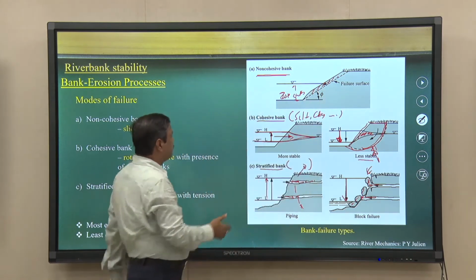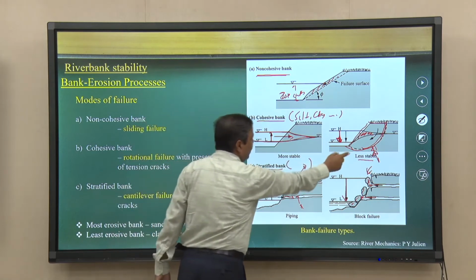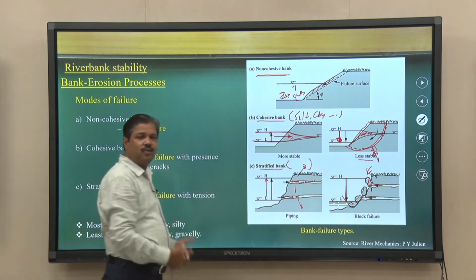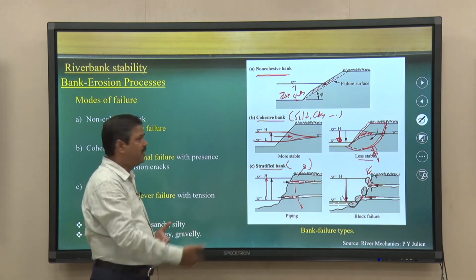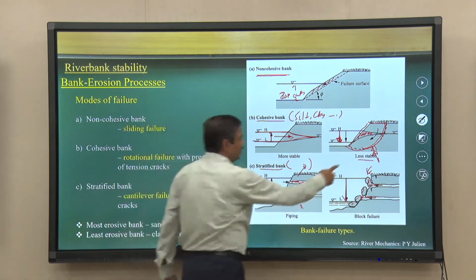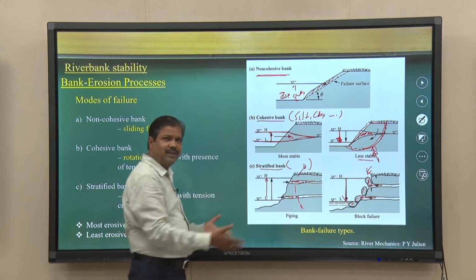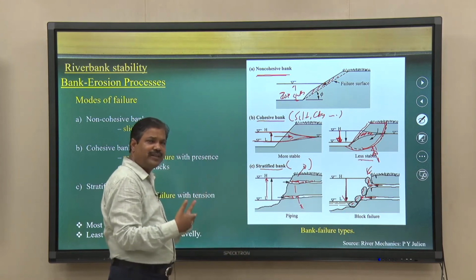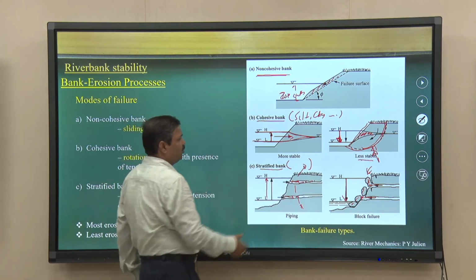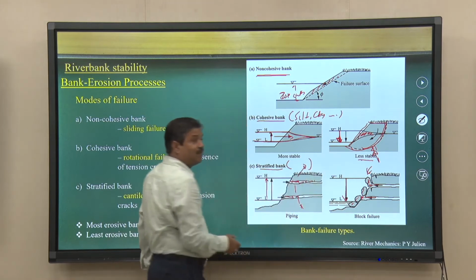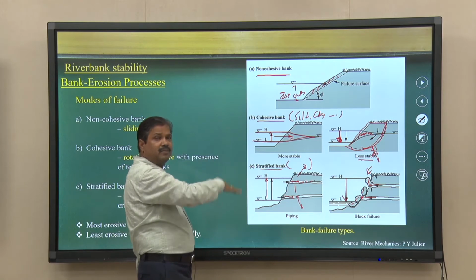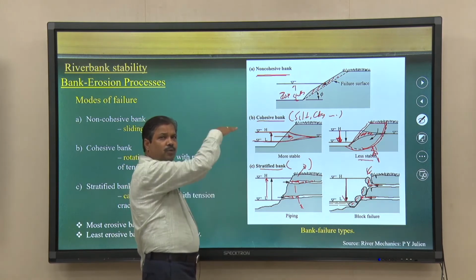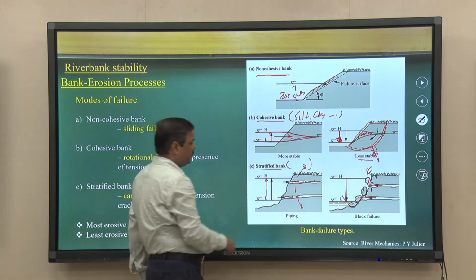If you have cohesive banks, you will have rotational slip failures. That is what happens as you do an embankment design; we have to look at the same concept, how the failure mechanism happens, but we have to consider how the flow depth varies from low flow to high flow to low flow.